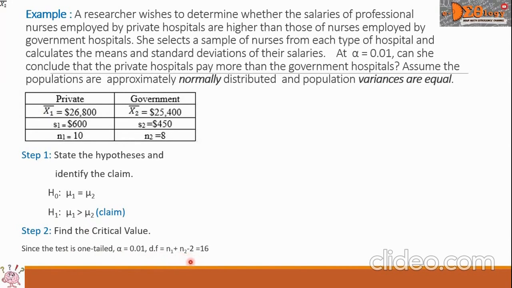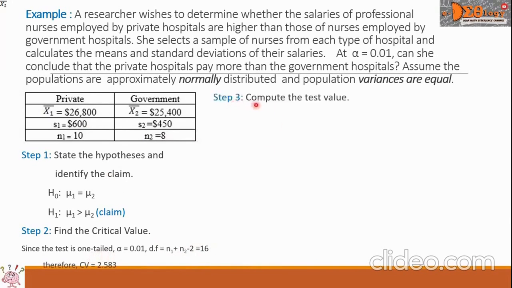This is the formula. When we substitute the values, n sub 1 is 10, while n sub 2 is 8. So that is 10 plus 8 minus 2 equals 16. We look at the value in our t distribution table. We will see that the critical value is 2.583.